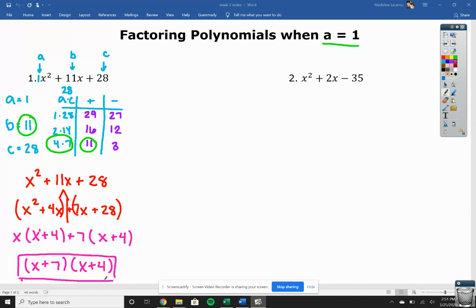Now, if you remember, at the end, we did learn a shortcut for this. So we can just take these two numbers, it's x and x, and we know we're going to use a 4 and a 7. And since it's in the plus column, that means we need the same sign.